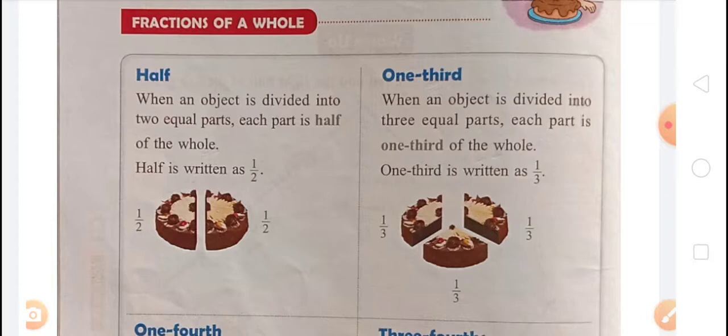In other words, when an object is divided into three equal pieces, each part is one third of the whole.